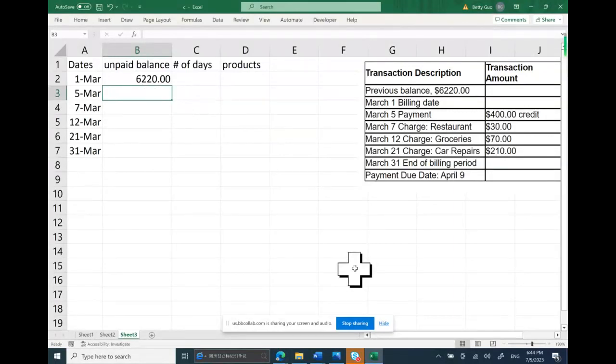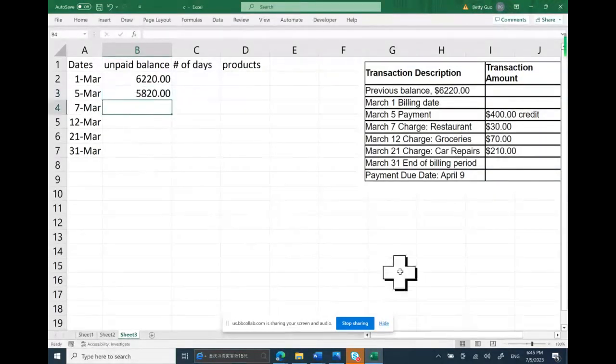So how do we find a new balance on March 5th? We are going to use the previous balance minus 400. Yeah, you're gonna manually use 6220 minus 400, and then you put that number right here, okay?